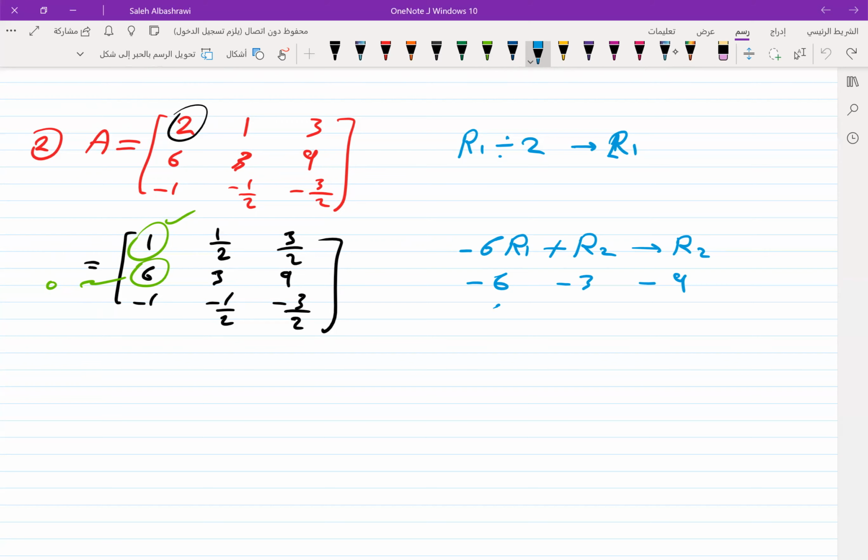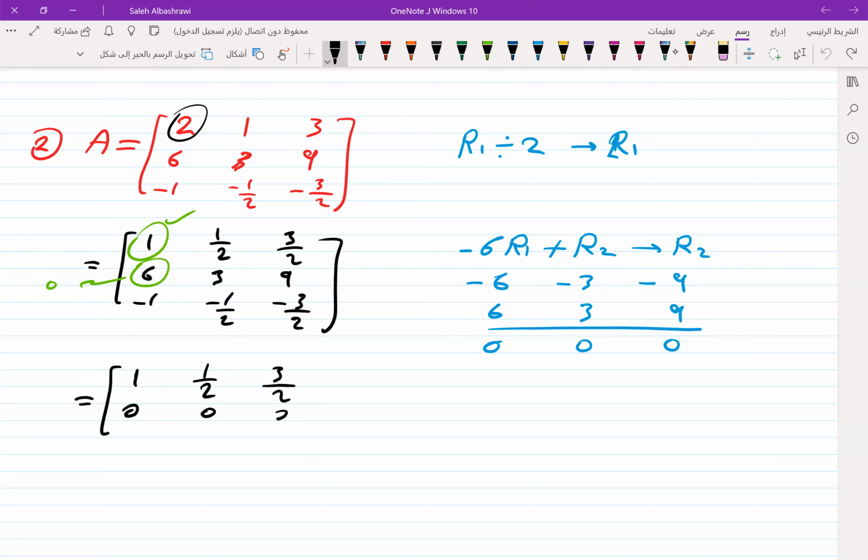R2 is given by 6, 3, and 9. If we add, I will have 0, 0, 0. So the first row is 1, 1 over 2, 3 over 2. Now the new R2 is 0, 0, and 0. The third row is minus 1, minus 1/2, minus 3 over 2.